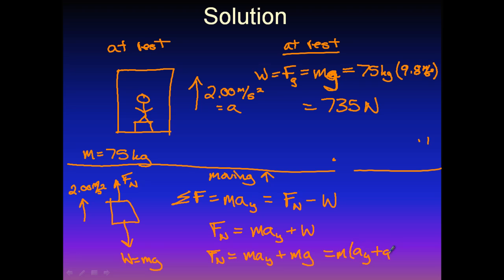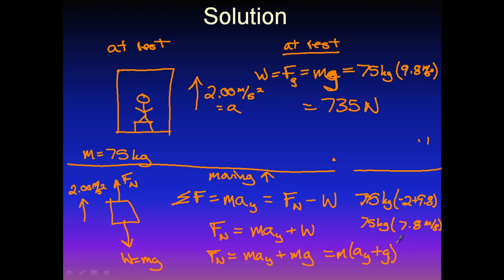It's the same equation, except this time let's say it's going down at 2 meters per second squared. So we do 75 kilograms times -2, because the acceleration is downwards now, plus 9.8. So we get 75 kilograms times 7.8 meters per second squared.